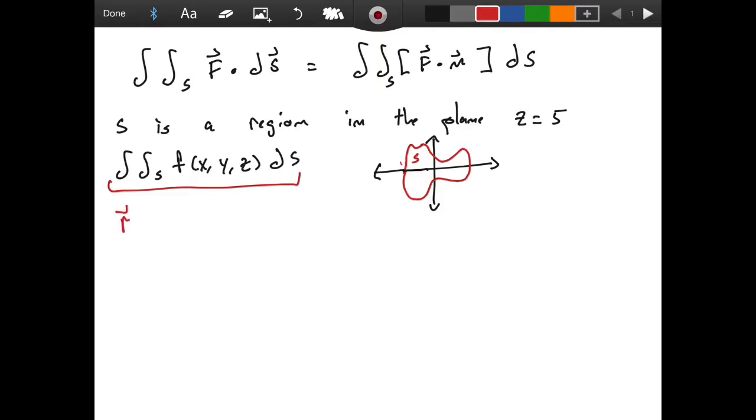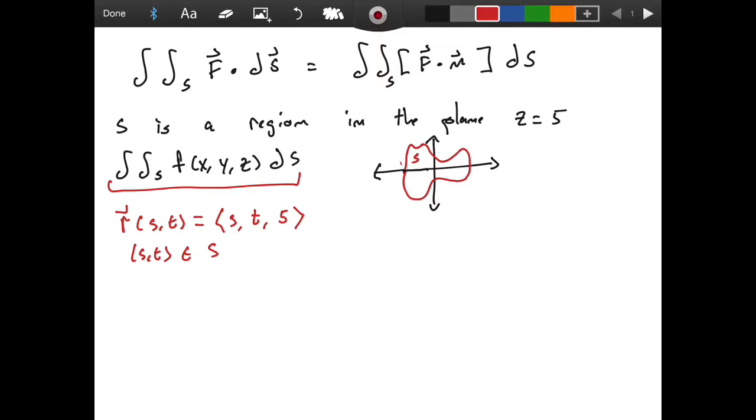I'm going to pick the easy one: r(s,t) = (s, t, 5). In the parameterization domain, (s, t) is inside this region S.